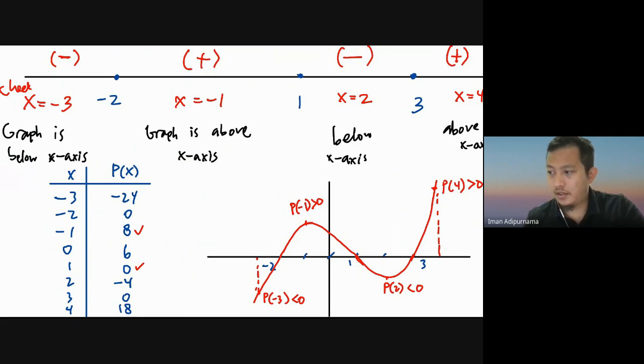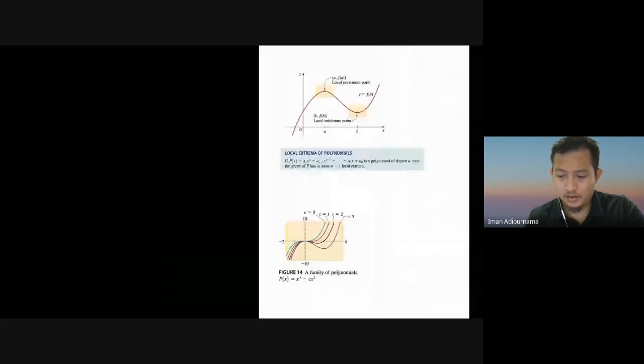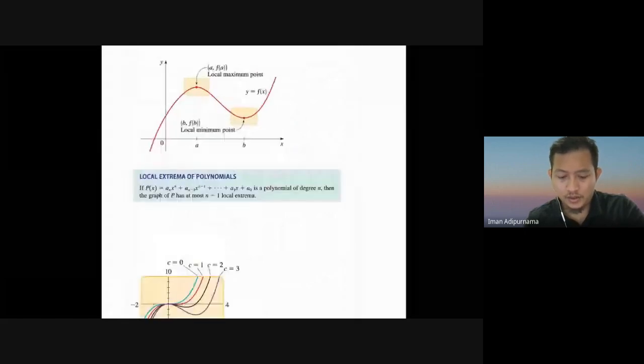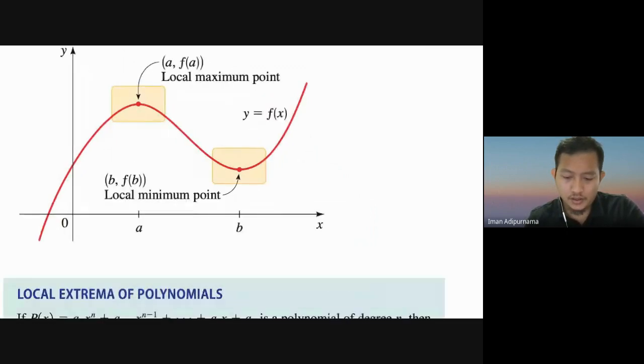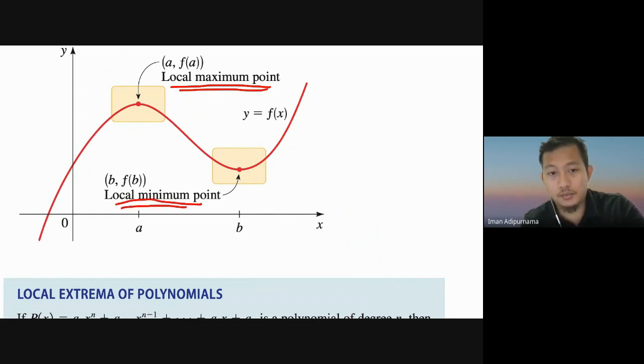Okay, I think we can move on. And yeah, this is just a reminder that we will also have what we call the local maximum, local minimum, or maxima or minima of polynomials. Whenever you see a maximum point, we call it the local maximum, and this will be the local minimum.